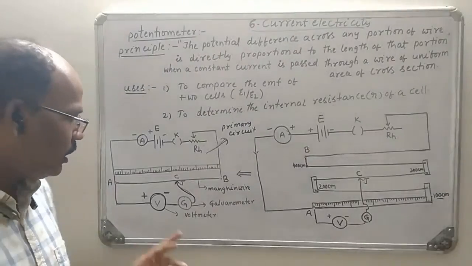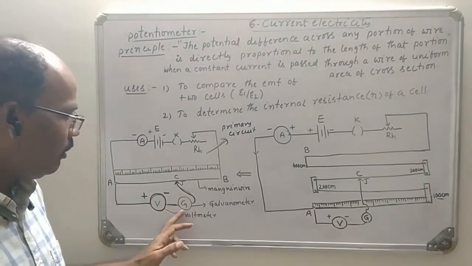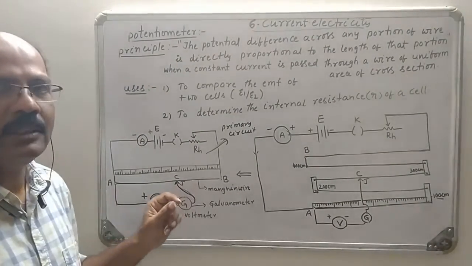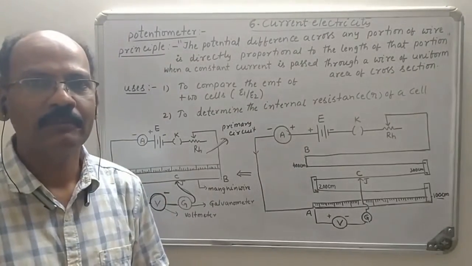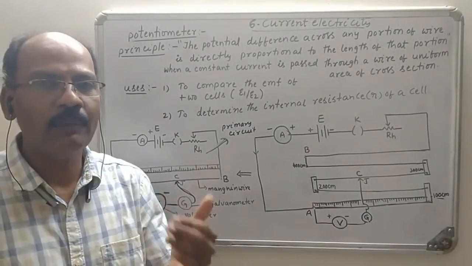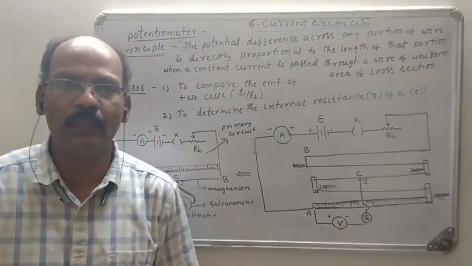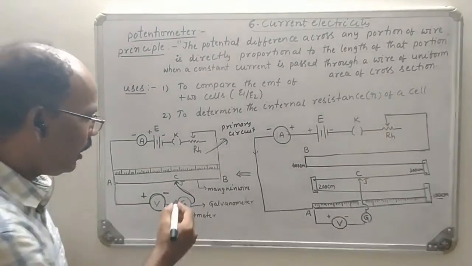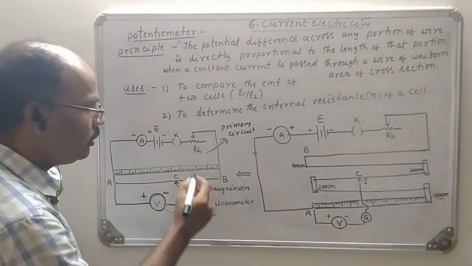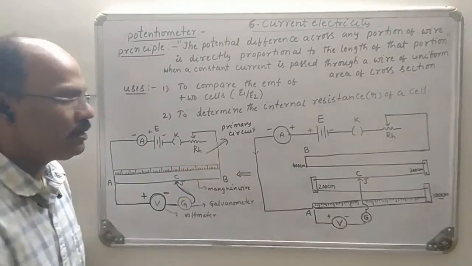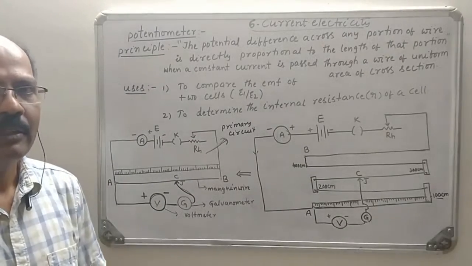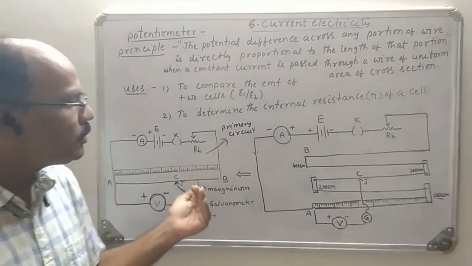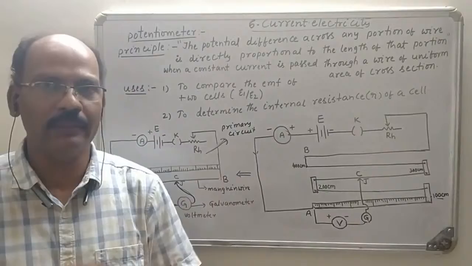The secondary circuit consists of the voltmeter, galvanometer and jockey J. The jockey J has a sharp edge to identify at what point on the given potentiometer wire we observe the balancing length. This is the primary circuit. Then we can explain the principle of the potentiometer wire.